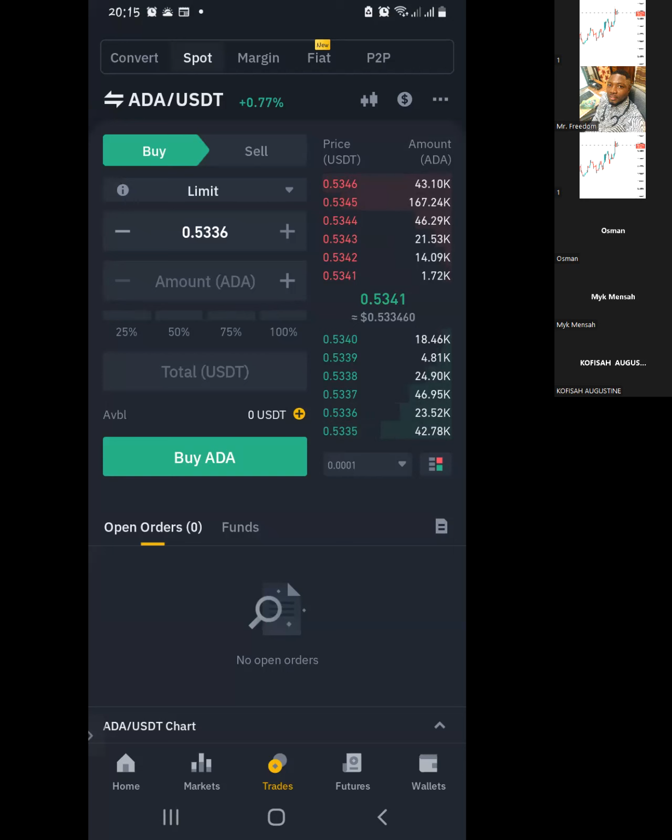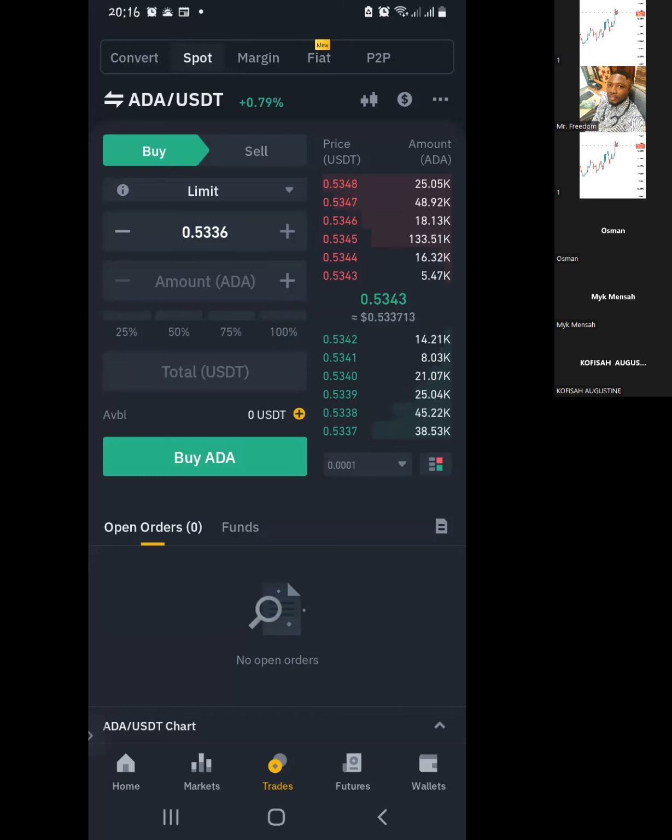If I have $100, the maximum I can trade with is $100. So in spot, you trade with what you have. You can't get money from anywhere else to trade with more than your capital. If $50 is all your money, you can only trade with $50. Futures allows you to trade with more money than you have. So when we get there, I'll explain what futures really is and what makes it unique.